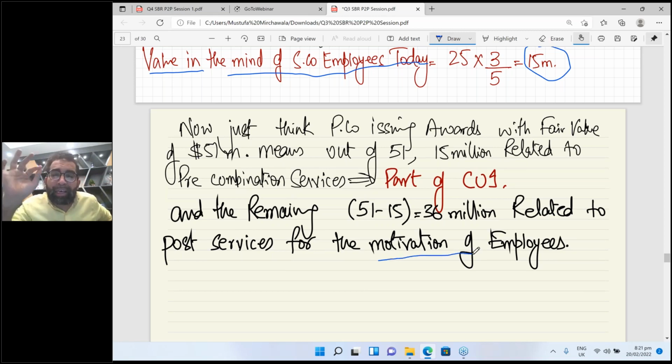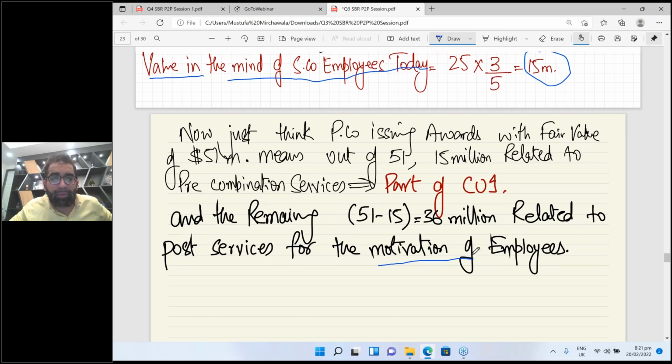As these 36 million relate to the post period, and the post period vesting period is 2 years, you need to divide this 36 million by 2. So 18 million per annum you will be booking as expense and equity. This is how we'll work.